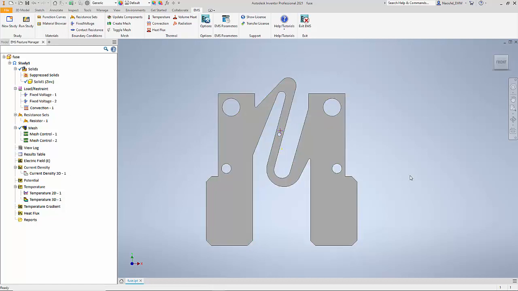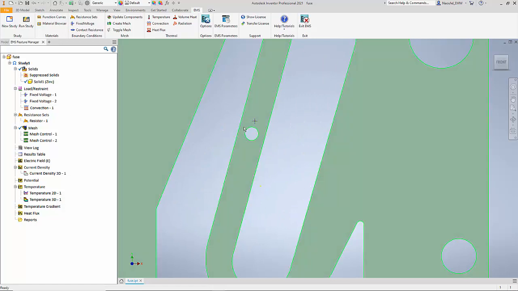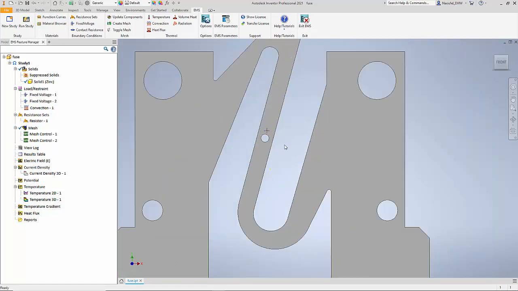As long as the current value stays within the normal operating conditions of this fuse, the fuse will be fine. But what happens if the current exceeds the capacity? If the current exceeds the capacity, the fuse is designed to fail around its weakest point.